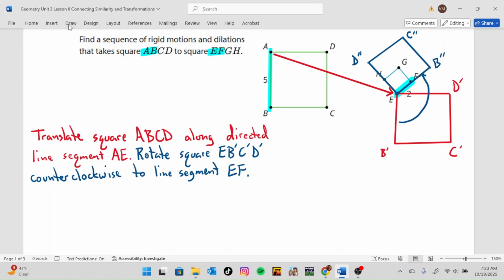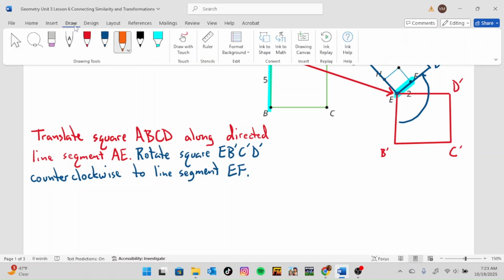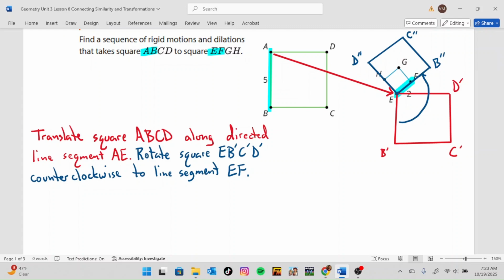And now the last thing we would need to do is to dilate. So dilate square E, B double prime, C double prime, D double prime by, remember, we always want to use new size over old size.